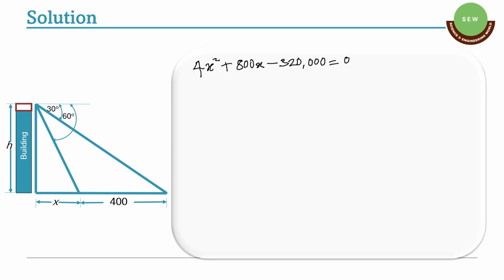So this is a simple quadratic equation. Dividing everything by 4, we now have 4x squared over 4 plus 800x over 4 minus 320,000 over 4 equals to 0 over 4.